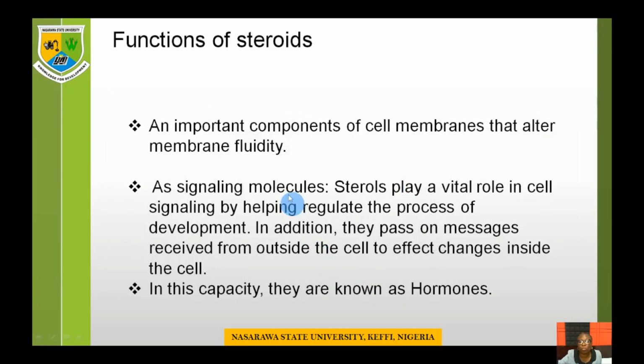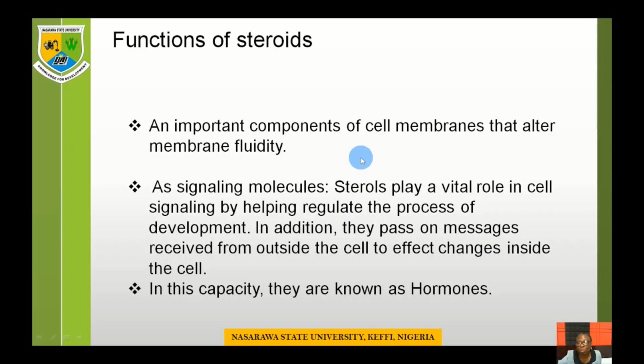Now, functions of steroids. They are important components of cell membranes that alter membrane fluidity. By the time you get to 300 level, when you are studying the cell membrane, you see the importance of cholesterol in the cell membrane. They insert into the cell membrane and alter its fluidity. Membranes are supposed to be fluid.